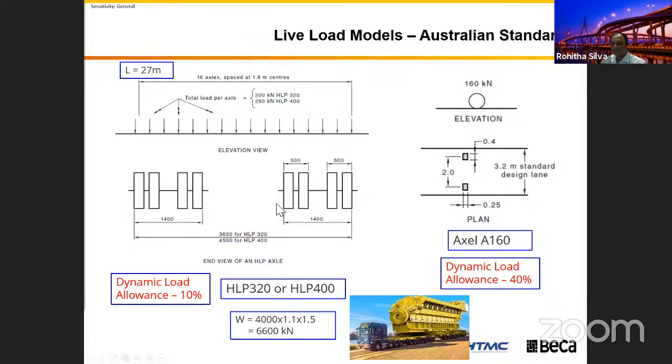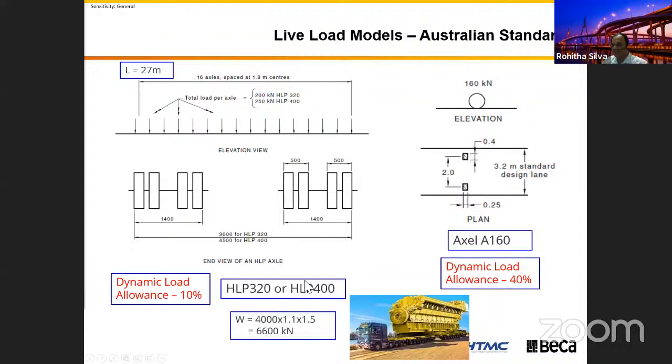Yeah, these loads have different configurations, right? You can see the width of the bridge, the width between the axles here: 2 plus 0.3, 2.6.